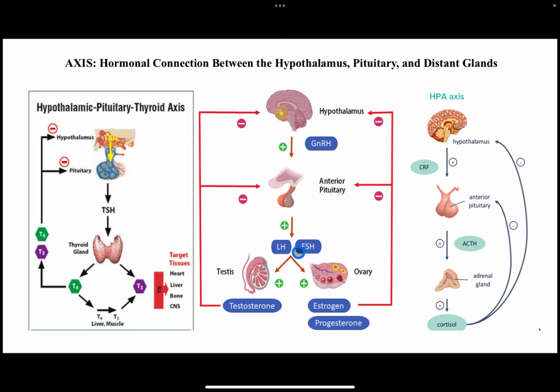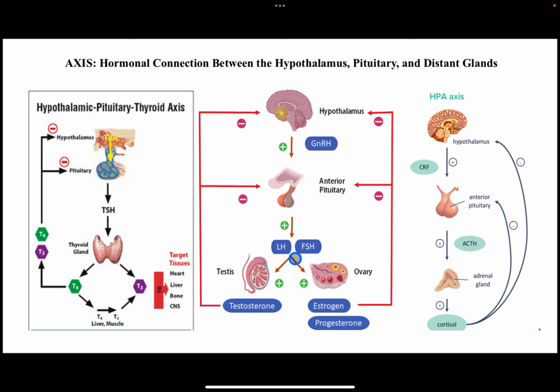Once released, they go to the gonads: if it is a male, the testes; if it's a female, the ovaries. Then it stimulates them to produce estrogen and progesterone. Same thing applies here. When these hormones dominate, they send a negative signal back to the hypothalamus for the release to be negated.